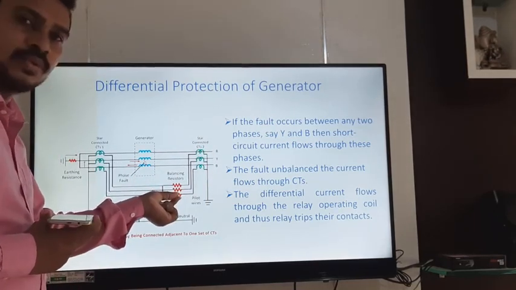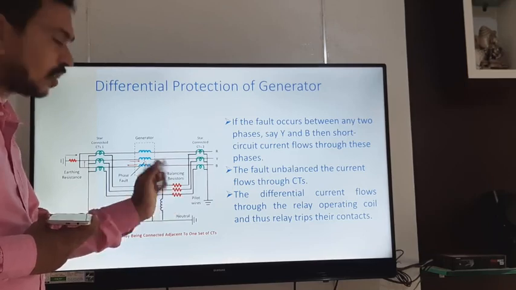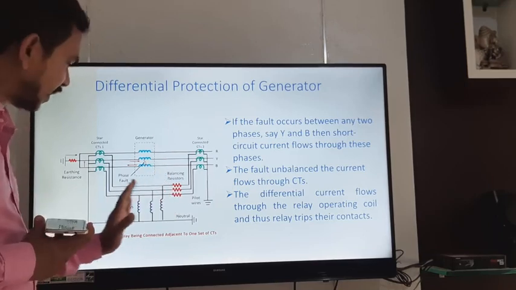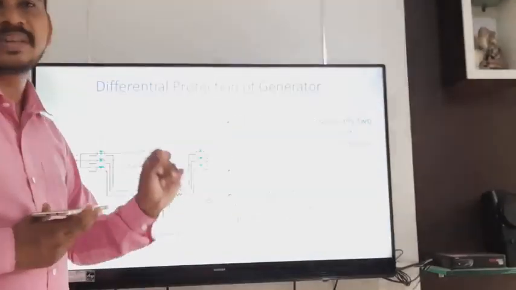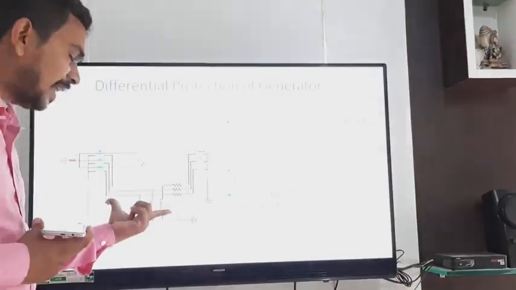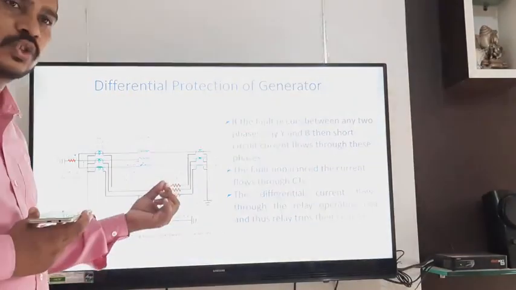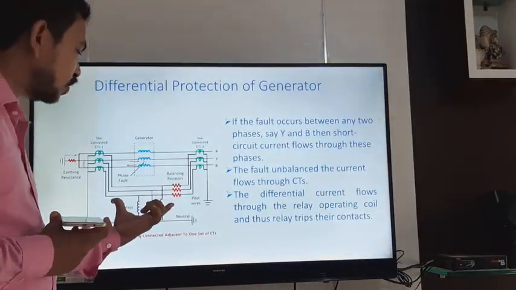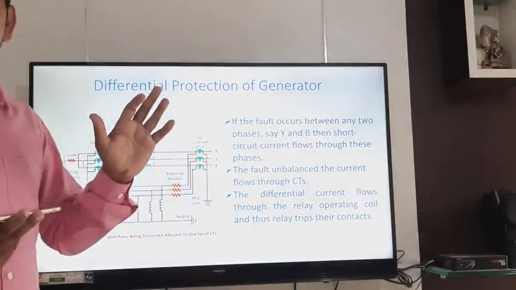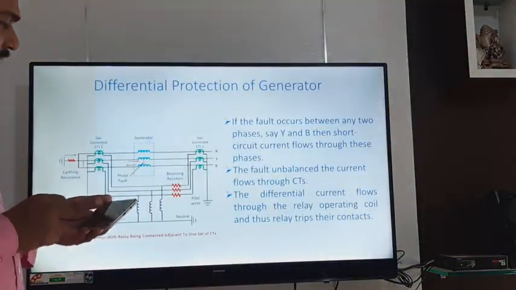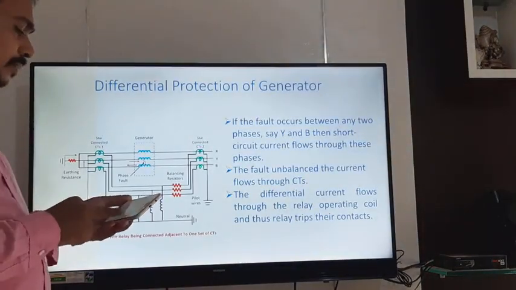So we have to adjust the resistance such that the length of this side and the length of this side become equal. When the length becomes equal, the resistance also becomes equal, and there is no current flowing through the relay coil in normal conditions. So this is the problem and this is the solution.